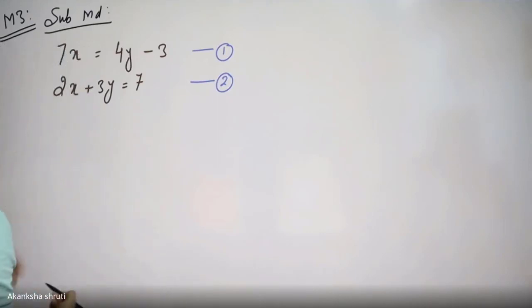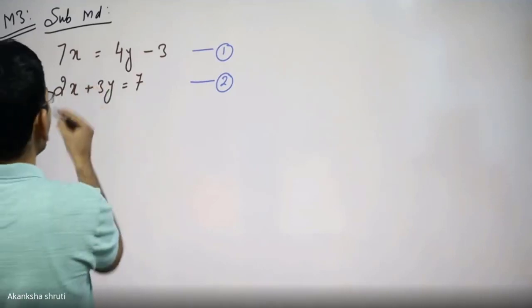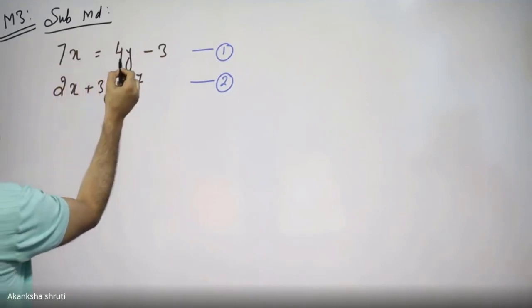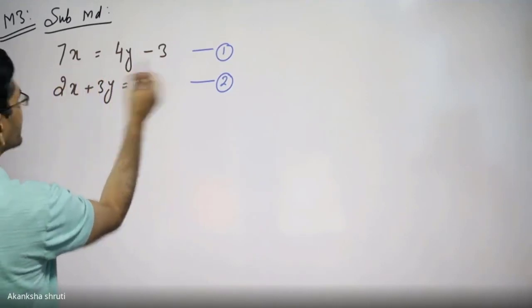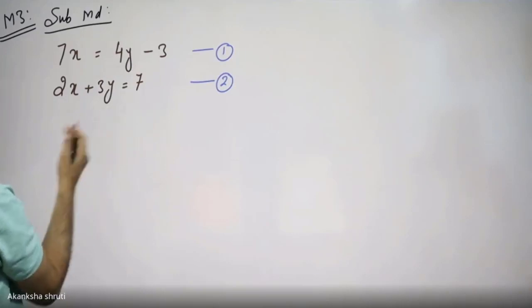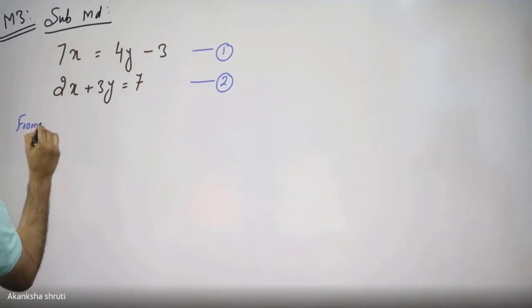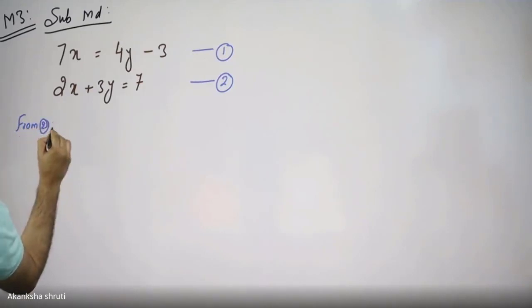Students, any of these can be taken out. Even from the first, we are getting that x can be calculated just by dividing this 4y minus 3 by 7. Or if you wish, you may take from the second one also, whichever appears convenient to you. So let me explain with the second one.